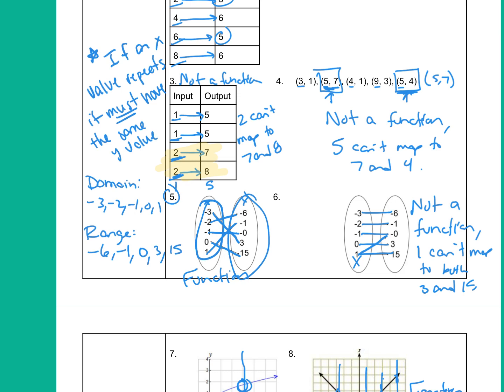So if the x values don't repeat, it's automatically a function. If the x values do repeat, make sure it also has the same y value. If it doesn't, then that's what makes it not a function.